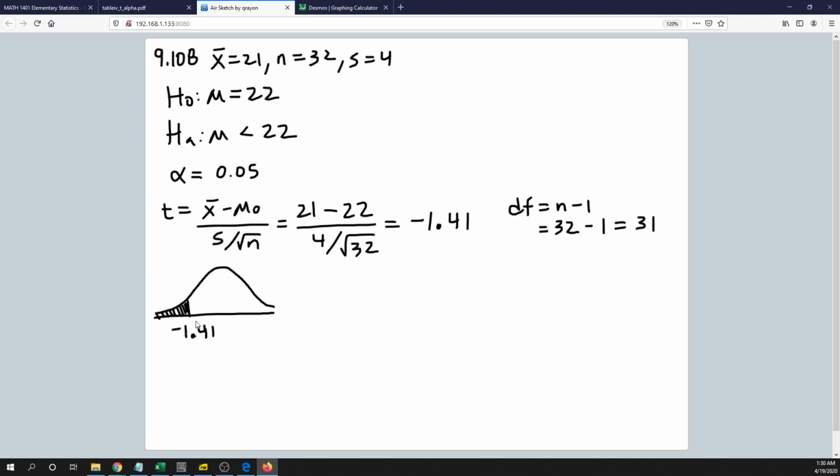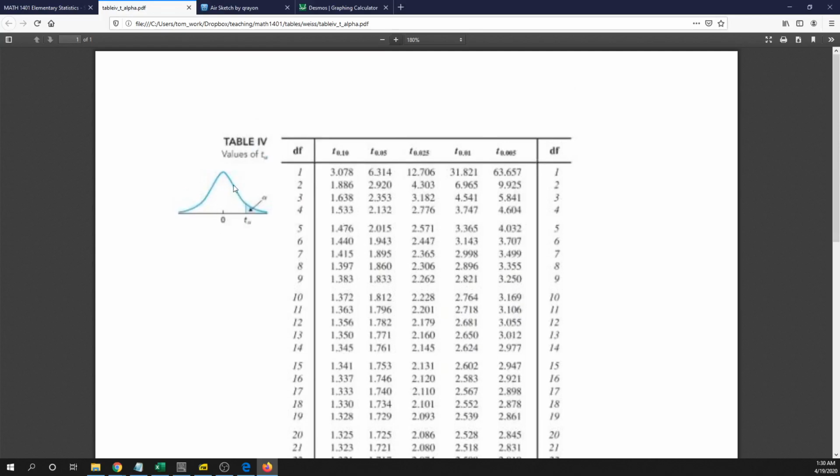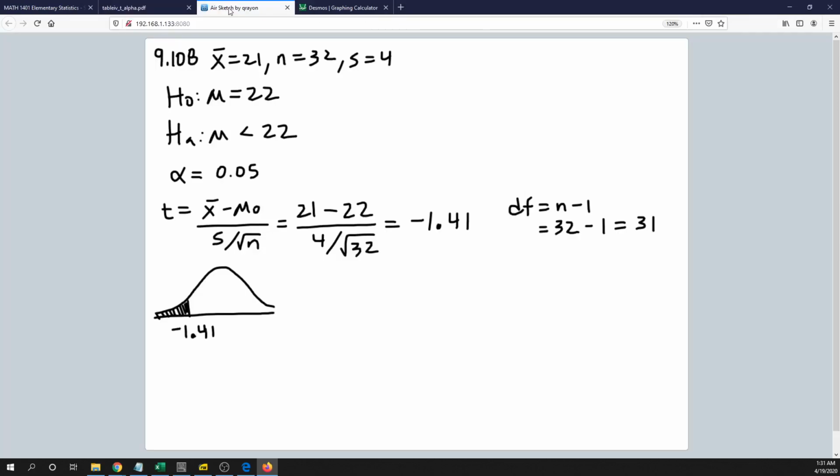Okay. So when we go to table 4 and look at it, up here at the top, table 4 is giving you the area to the right of certain values. So we will have to adjust what we are looking up here. You can see it's a little opposite of the table 2 lookup. It's different, so you're going to have to get used to how this works, okay?